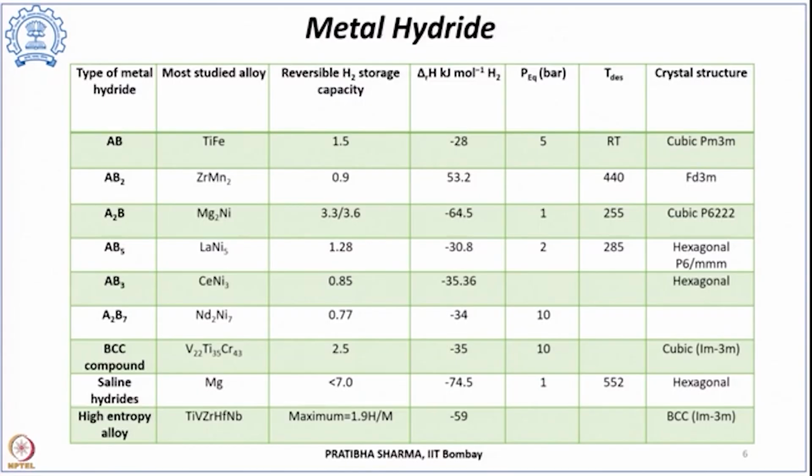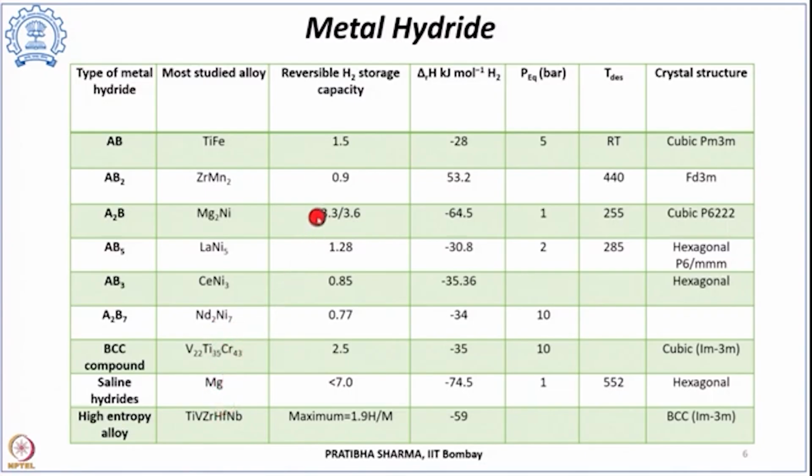Now these are the typical examples of the most widely studied class of these compounds: for AB, iron titanium has been widely studied; for AB2, zirconium manganese 2; for A2B, Mg2Ni; for AB5, LaNi5; for AB3, CeNi3; for A2B7, Nd2Ni7 and other compounds.